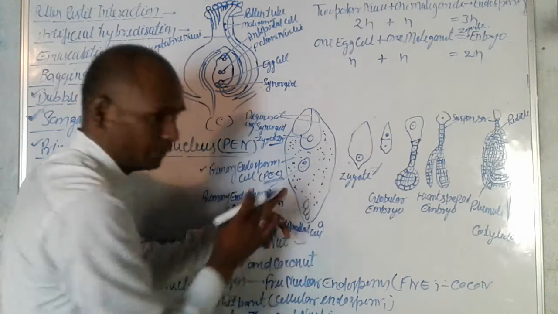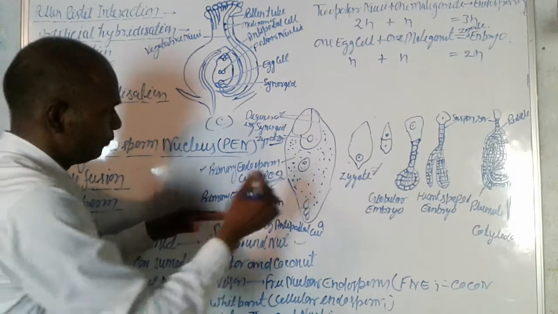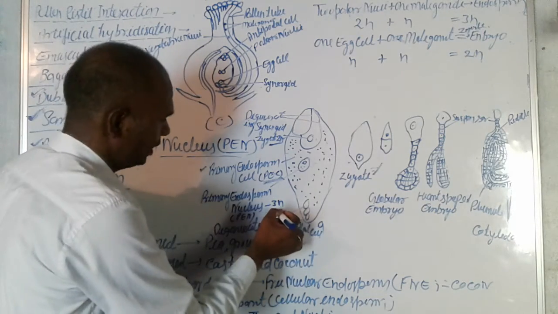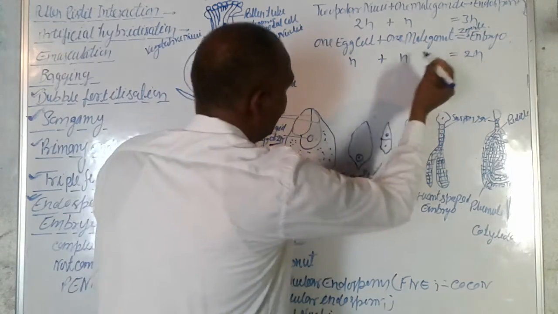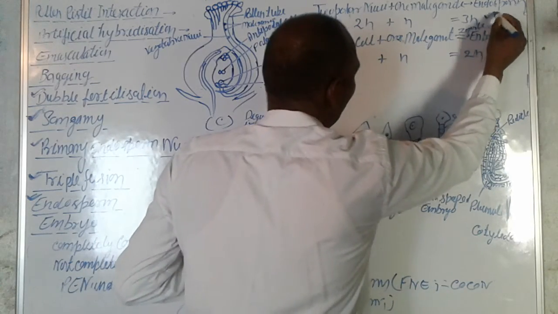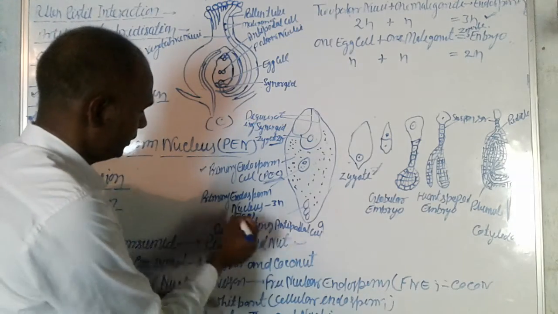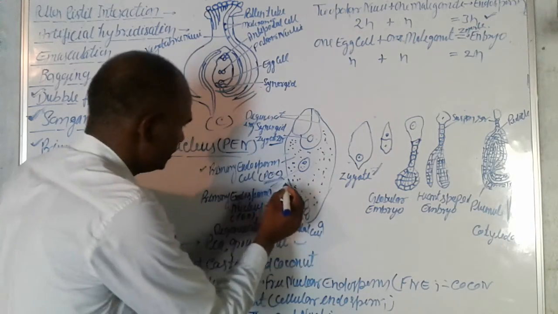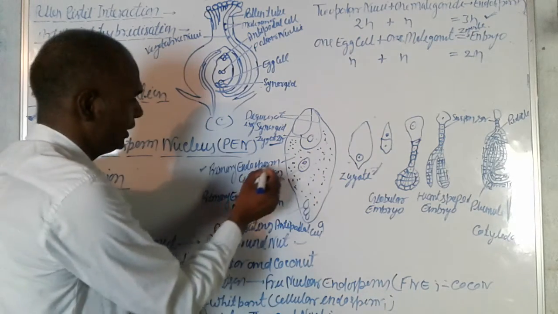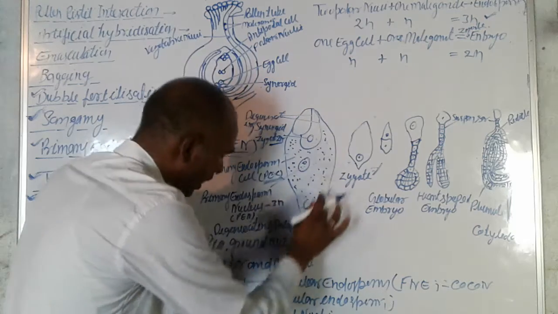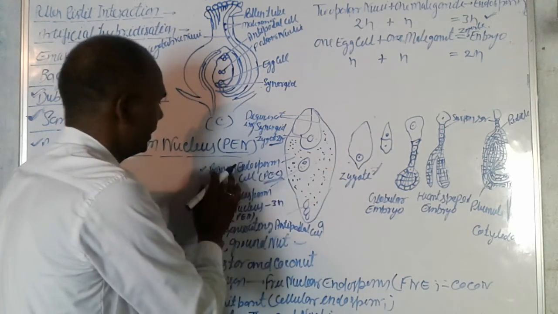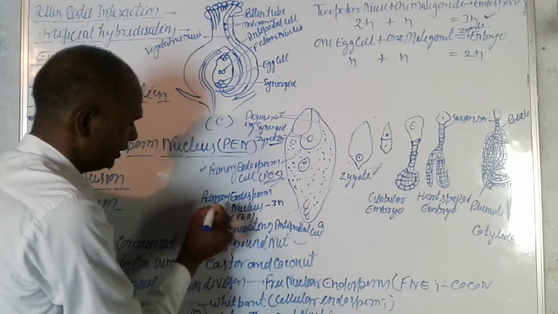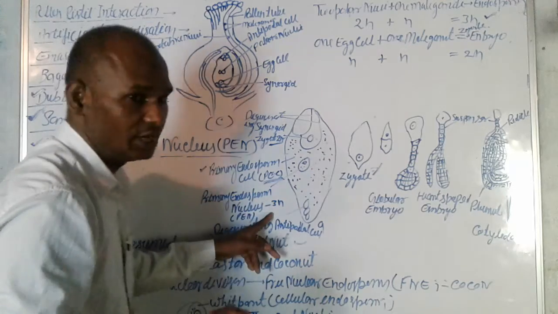This is the PEN, the primary endosperm nucleus, 3n. This is the PES, meaning primary endosperm cell. They all make the PES, the primary endosperm cell, and this nucleus is the primary endosperm nucleus, 3n.